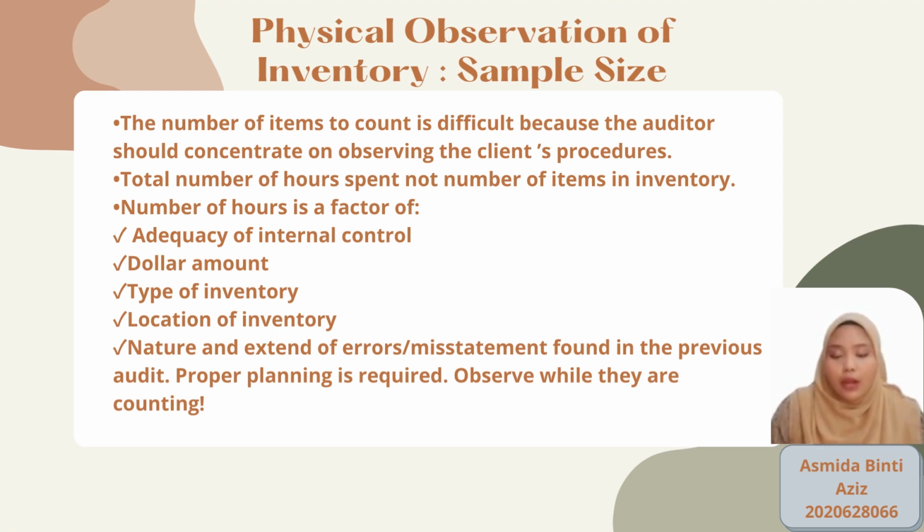The number of hours is a factor of adequacy of internal control, dollar amount, type of inventory, location of inventory, and nature and extent of errors or misstatements found in the previous audit. Proper planning is required. Observe while they are counting.